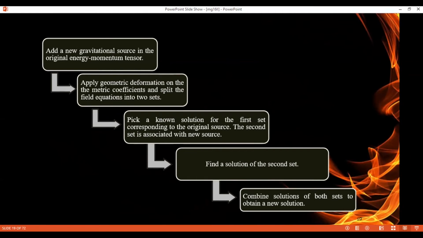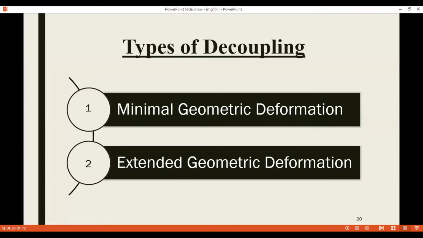We pick a known solution for the first set, corresponding to the original source. The second set is associated with the new source. We find a solution of the second set, and then we combine the solutions of both sets to obtain a new solution. In this way, we find exact solutions.